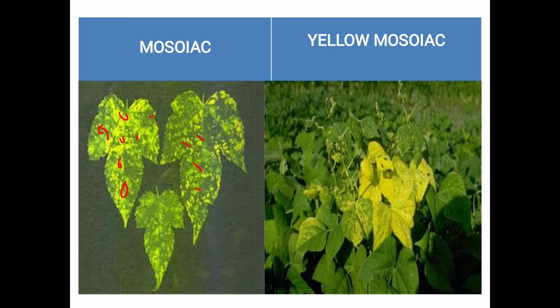But most of the time, due to excess or deficiency of nutrients, such yellowing is observed. Just like here, yellow mosaic, shown here, that patch is completely attacked by the virus. So this is called yellow mosaic. That plant is completely yellow due to the attack of virus.